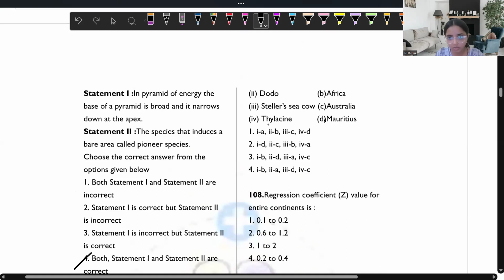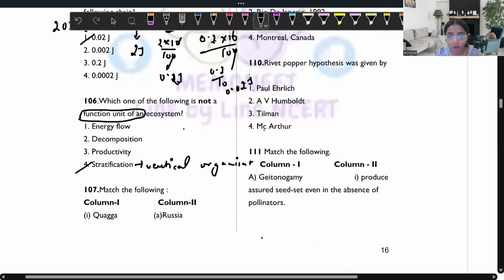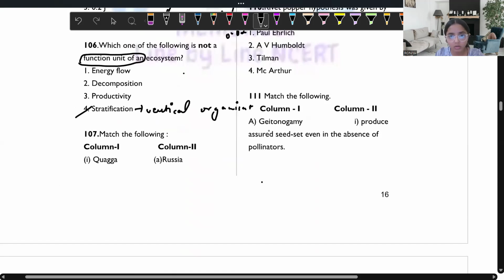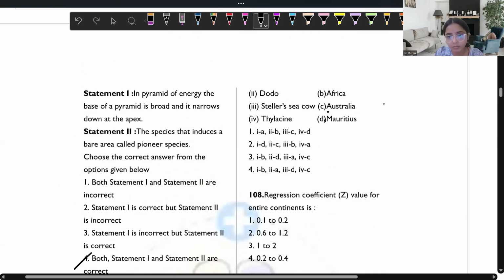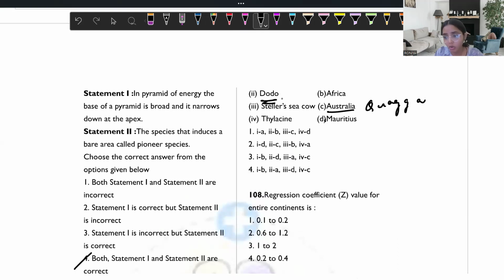Let us see the first organism. The first organism is quagga, which is seen in Australia. Next organism is dodo, which is seen in Mauritius. Stellar sea cow. This is in Russia.